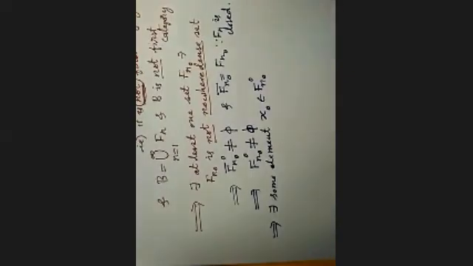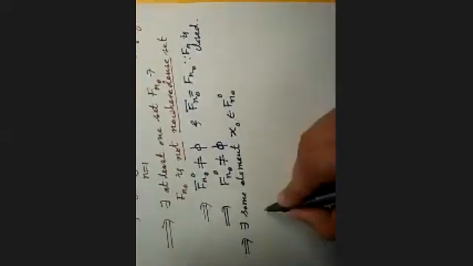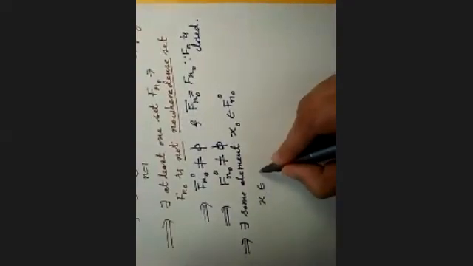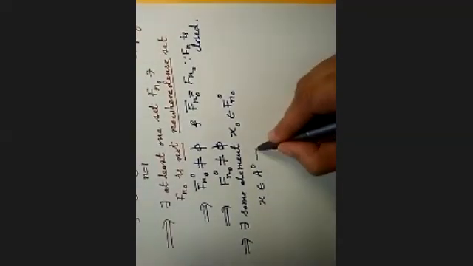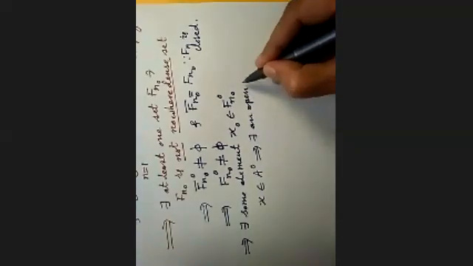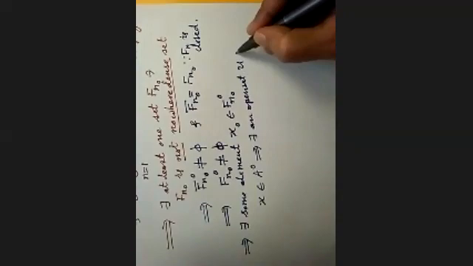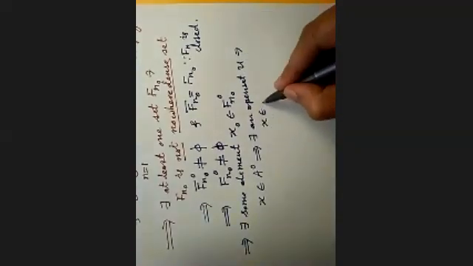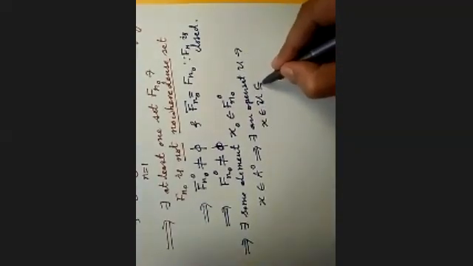And we have a theorem: any point x belonging to the interior of A implies there exists an open set U such that x belongs to U, contained in A.